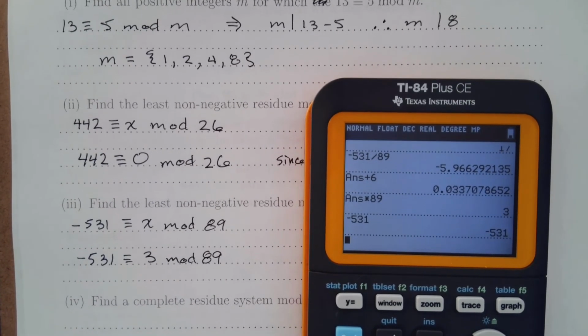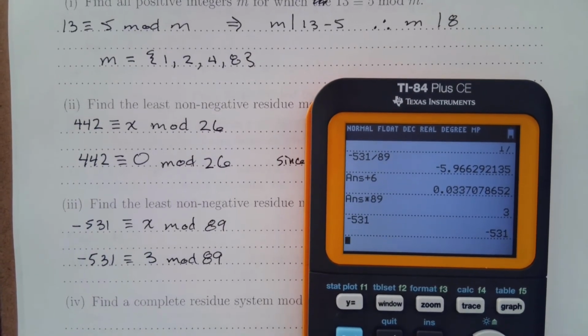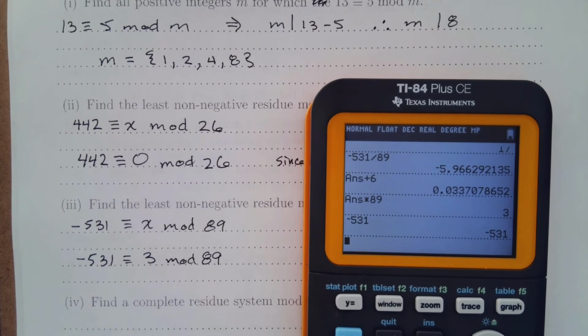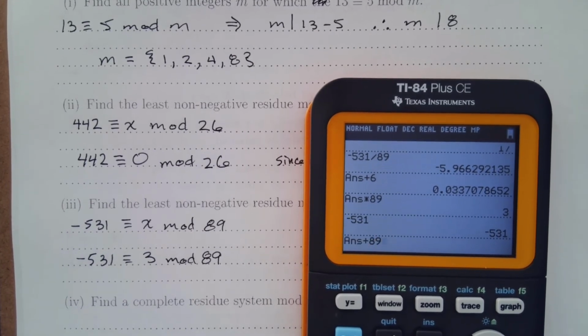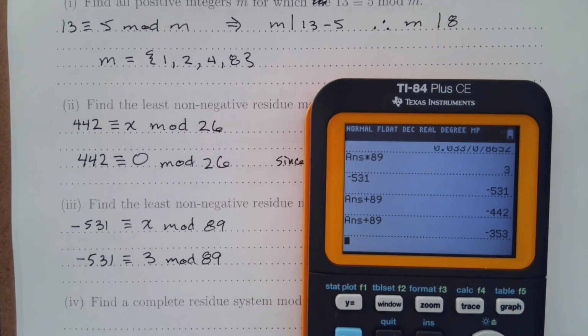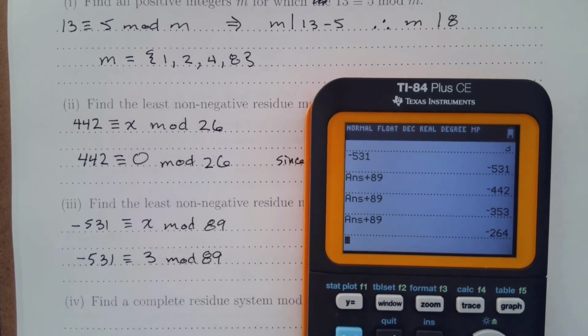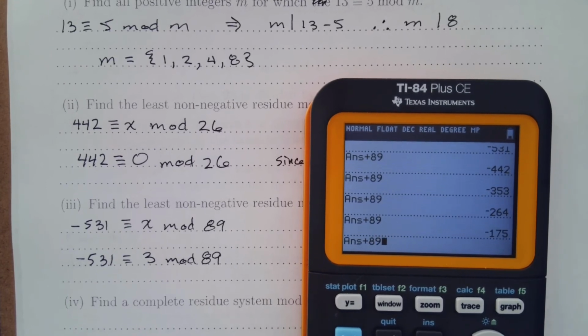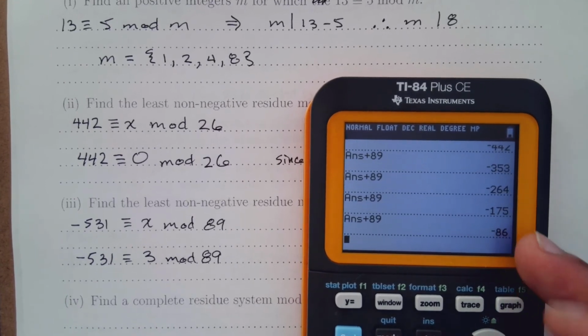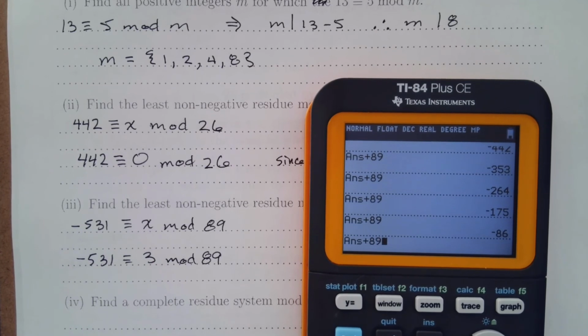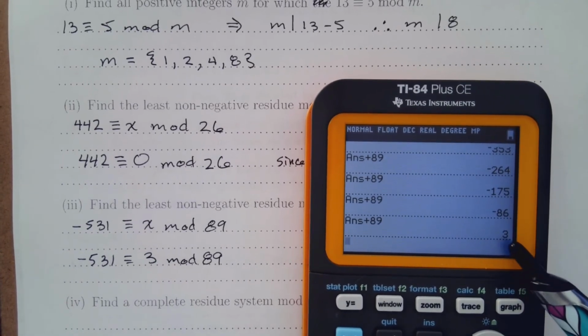So as I get these items in groups of 89, how many will I have left over once I get out of the negative? If I add 89 once, again, a third time, I'm still in the negative. Add 89 a fourth time, a fifth time, still in the negative. But what happens when I add 89 a sixth time? Now I'm going to have 3 left over.